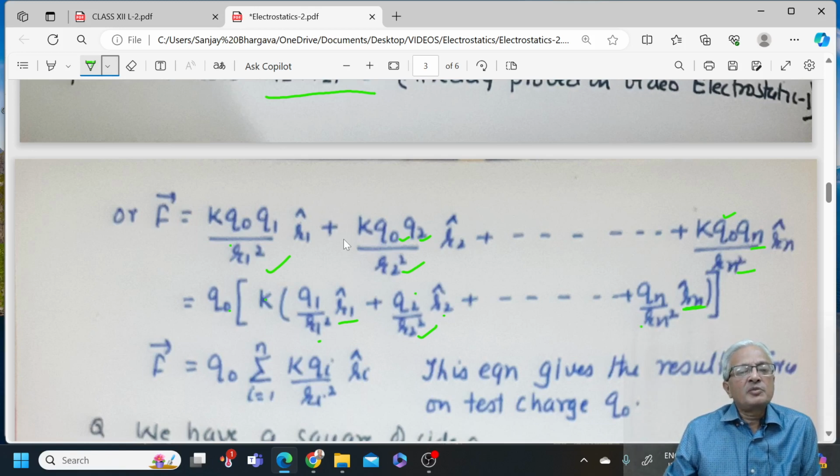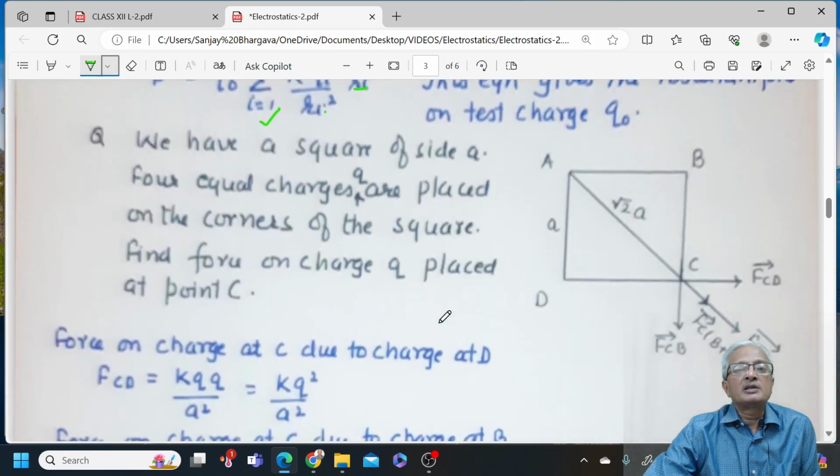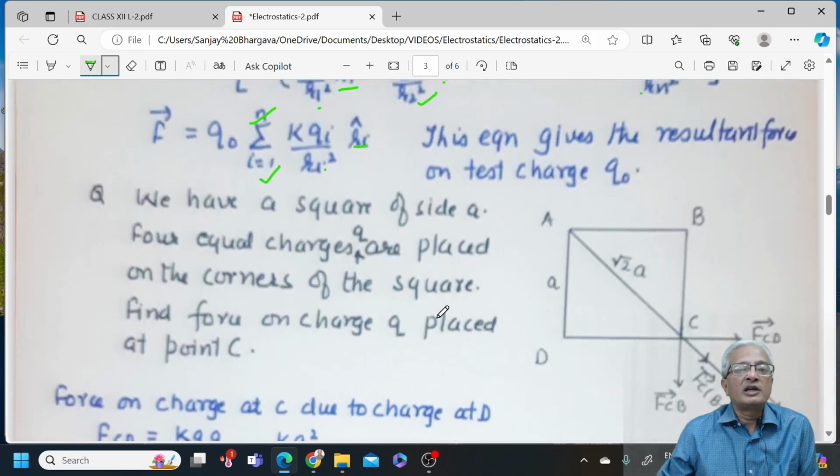The entire thing can be written with the help of summation as F is equal to Q0 summation i equals 1 to n, k Qi upon ri square ri cap. So what does this equation provide? This equation provides the resultant force on the given test charge Q0 placed at the origin.